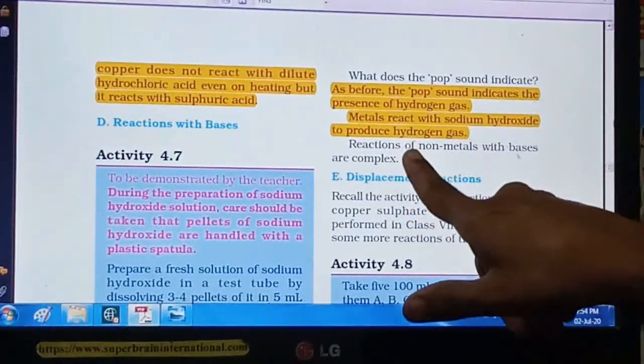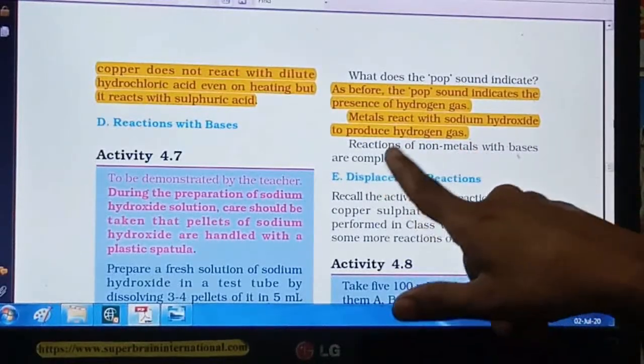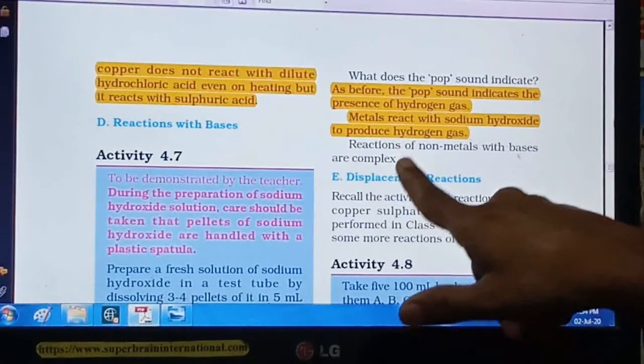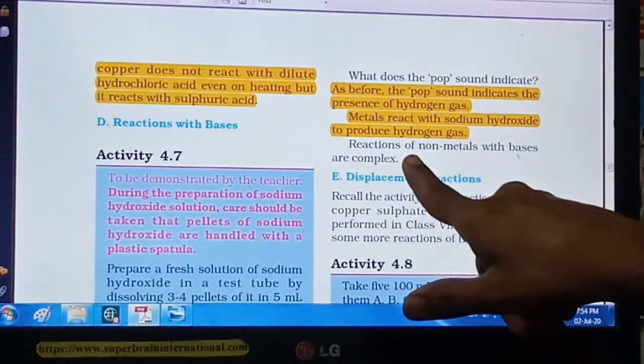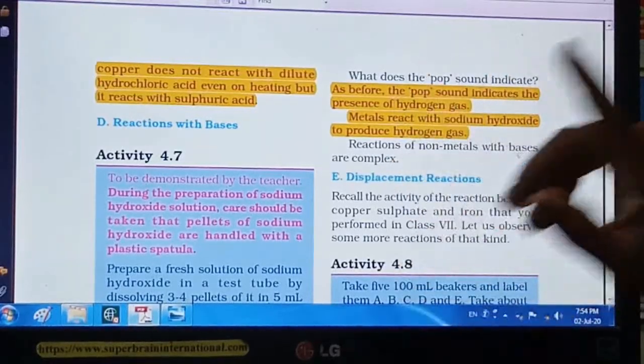And the reaction of non-metals with bases is a little bit complex, so that's why it is not given for your class standard. This you will study in higher classes.